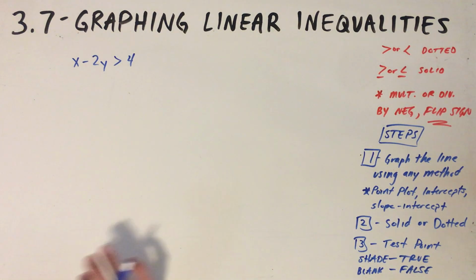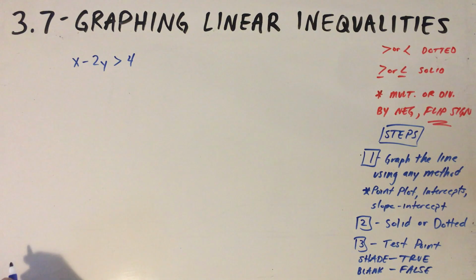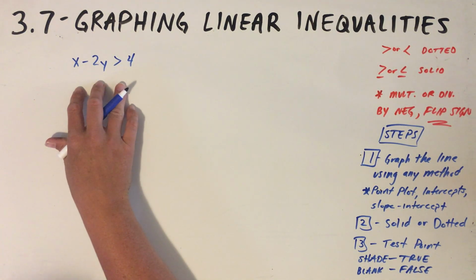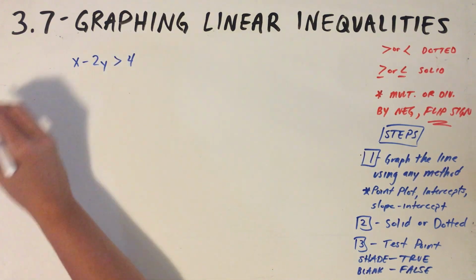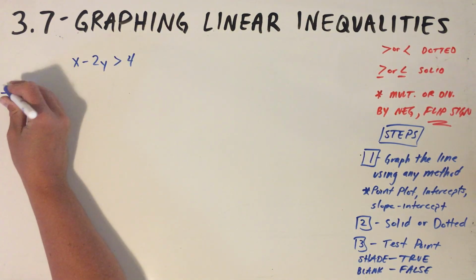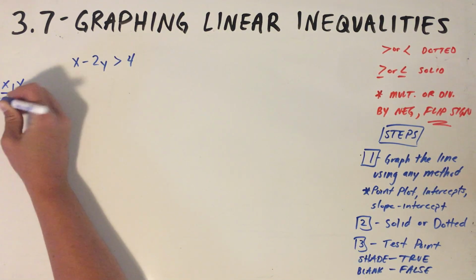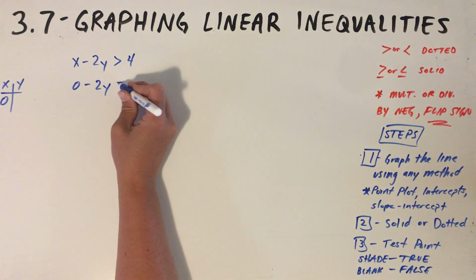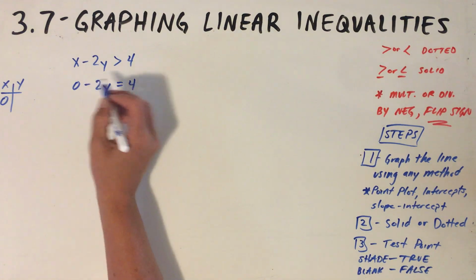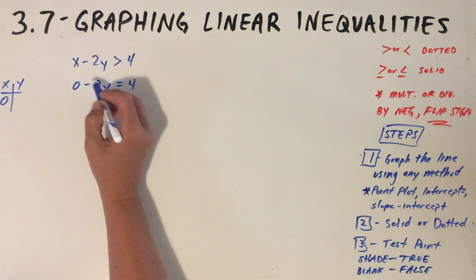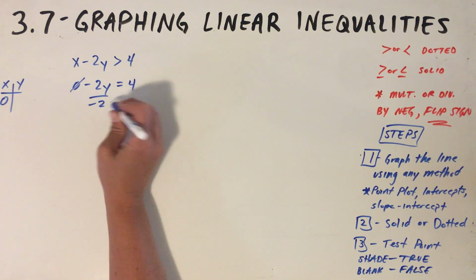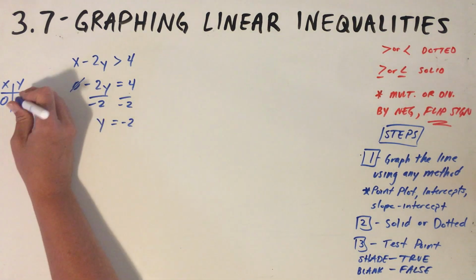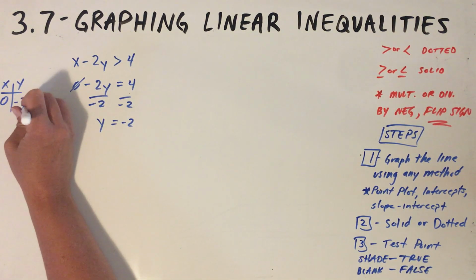Okay, so my first step is to graph the line using any method I want. Well, since this is in general form, I'm going to use intercepts. So we're just going to review intercepts. If I plug in 0 for x, then what is y? When I do this, I'm going to treat these like they're equal to, because these points don't change. Okay, so then I'm going to divide by -2, and I get that y is -2 when x is 0.